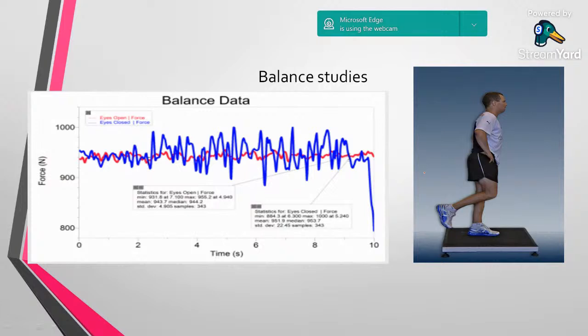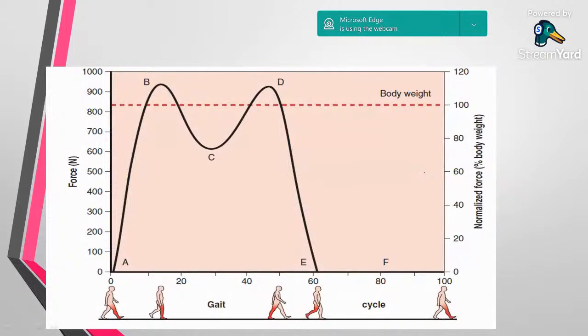You can measure the force time curve, and based on that you can calculate the center of mass displacement, sway area, and sway velocity, both medial lateral and anterior posterior sway. This is a typical walking curve, the gait cycle.